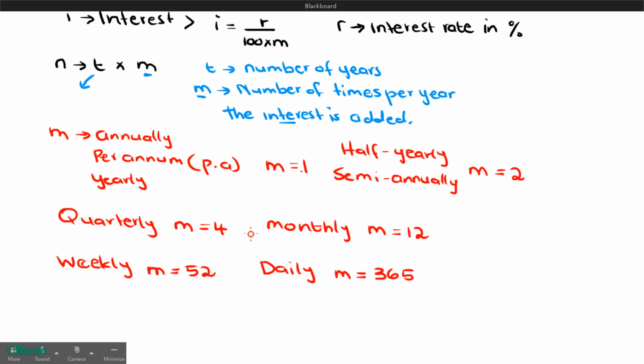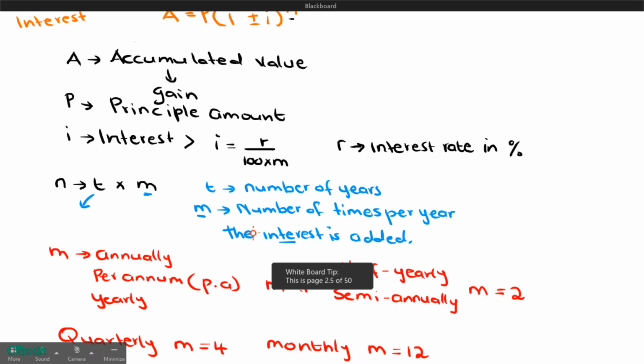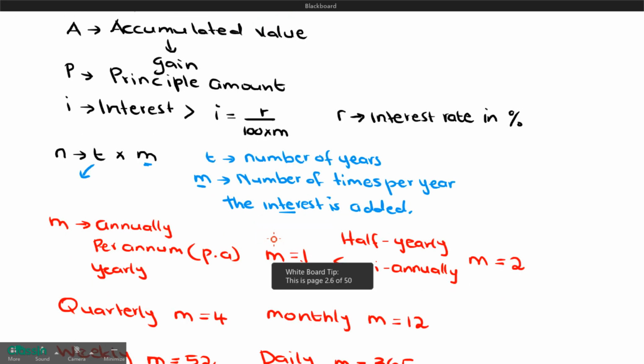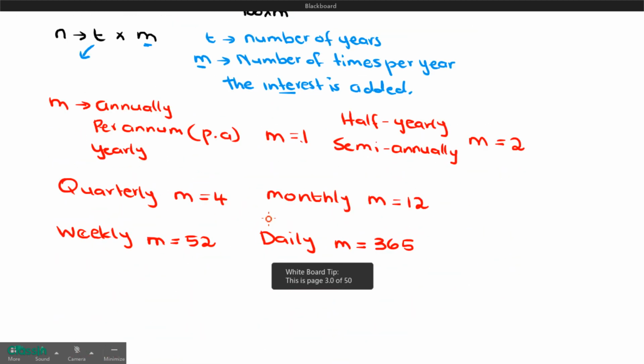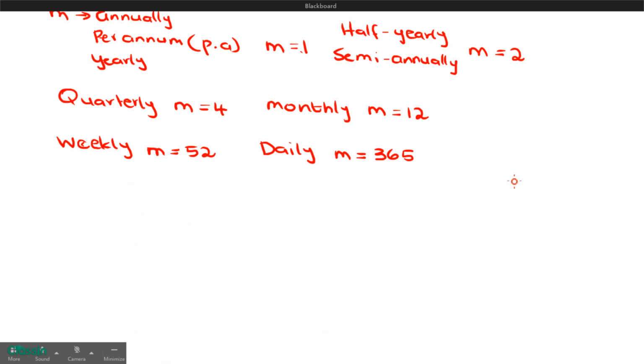Now, because we understand each and every element here, we can transform our formulas.